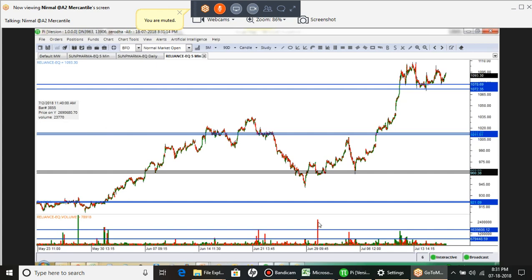The first volume breakout of the month, right? The first time it is breaking out. See, on 2nd of July, it has broken out 29th of June, correct? So it was the first trading day, first breakout.